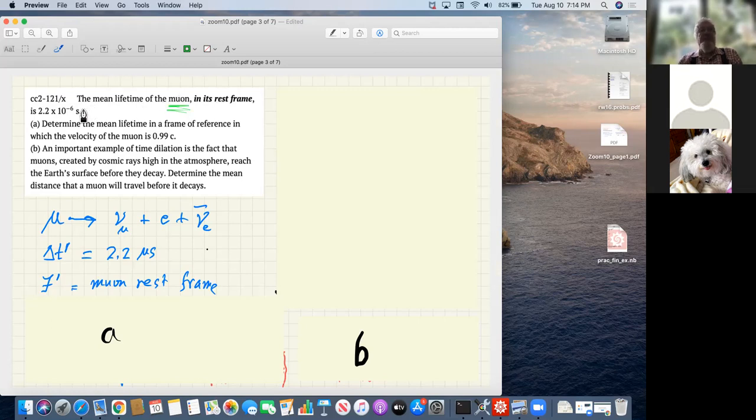But if a muon is created by a collision of a cosmic ray with an atmospheric molecule, it will be moving very fast. So the first question is, what's the lifetime in a frame of reference in which the velocity of the muon is 99% of the speed of light? C is the speed of light.